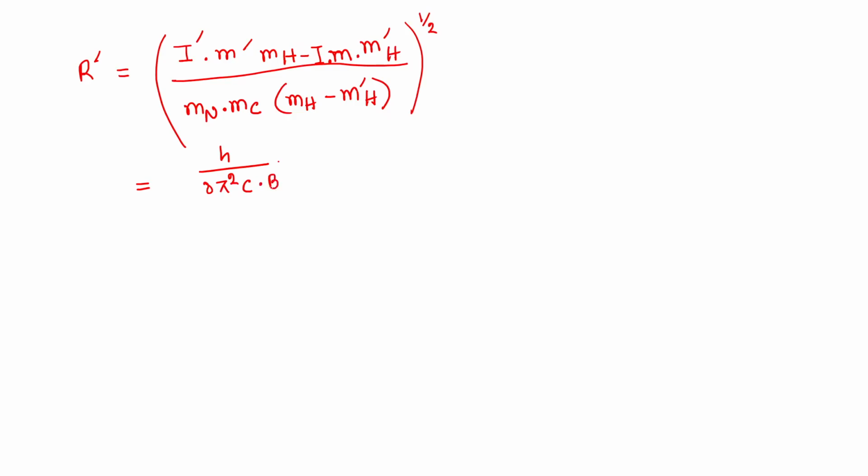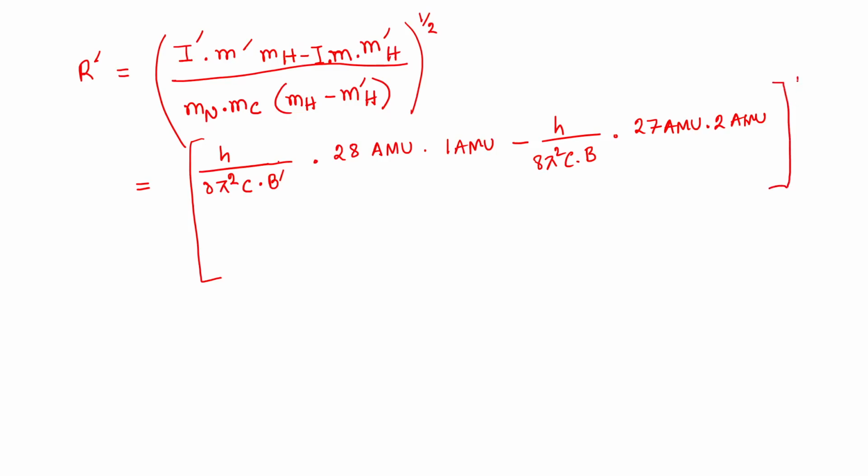Into your B dash, your M dash is 28 AMU, multiplied by the mass of hydrogen, which is 1 AMU, minus h by 8 pi square c B into M, which is 27 AMU, into M dash H, which is 2 AMU, right? Deuterium.